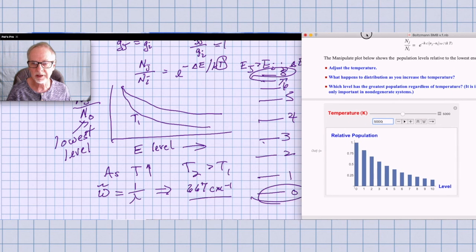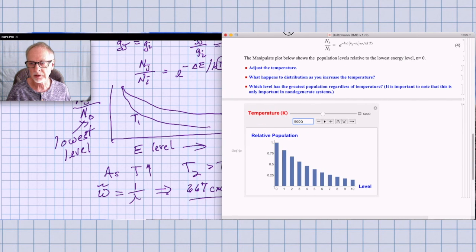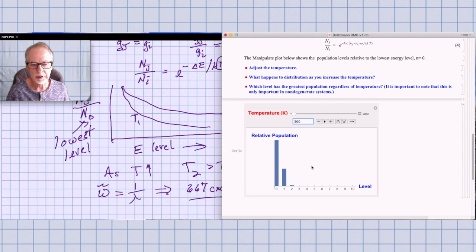Again, the importance of it is that the distribution of molecules has a significant impact on the thermodynamic properties of the system, and actually has an impact on the spectra that we get. For the vast majority of molecules that you looked at in organic chemistry when you were running IR spectra at room temperature, and again we go back to 300 Kelvin here, the vast majority of them are going to be in level 0.